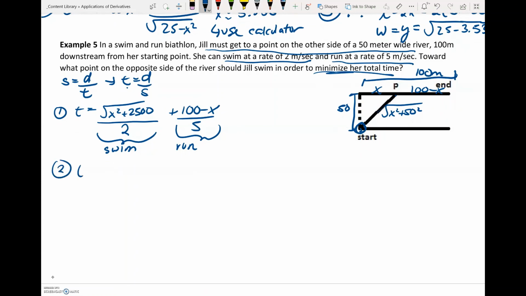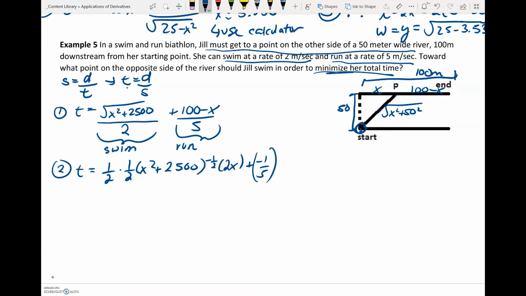Second part, we need to take the derivative of this, which is lengthy. So I'm just going to go ahead and take this derivative, but you would need to use your chain rule to do this for the first part here. And then for this one, 100 divided by 5 is just a number, so that's going to be 0. And then negative x over 5 is just going to be negative 1 over 5.